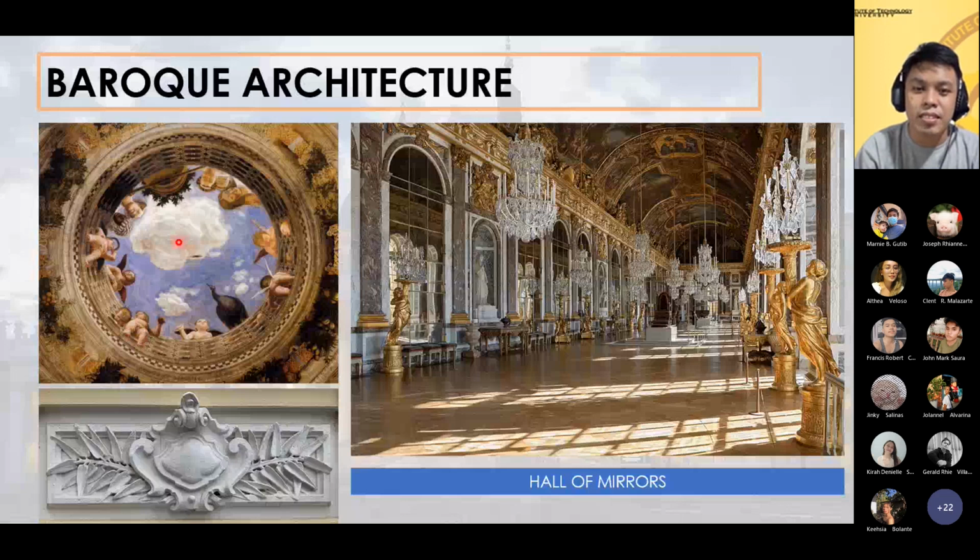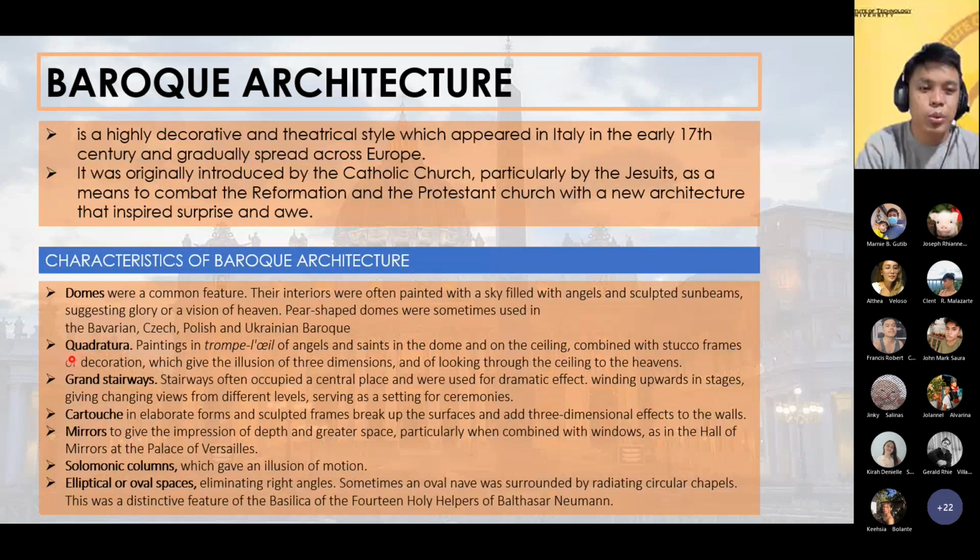Like for example, the paintings of Michelangelo in the Sistine Chapel, in the ceiling of the Sistine Chapel. So this part right here is called quadratura. So paintings and trompe l'oeil of angels and saints on the dome and on the ceiling.